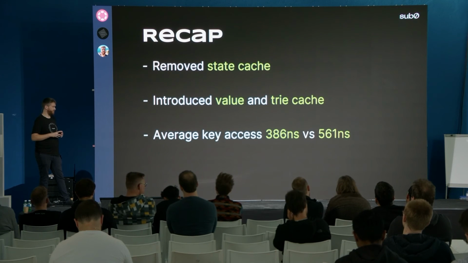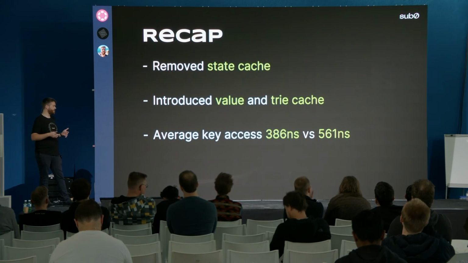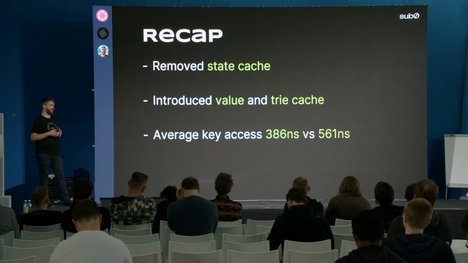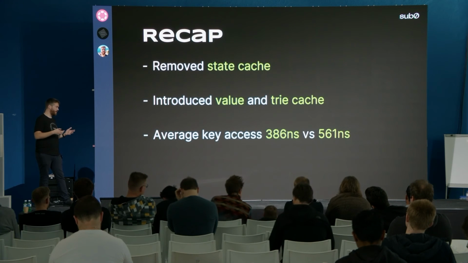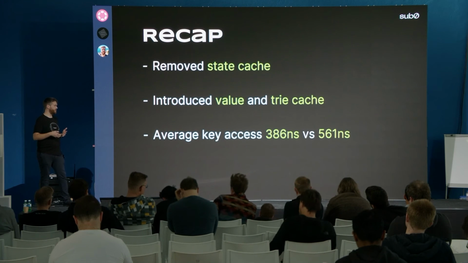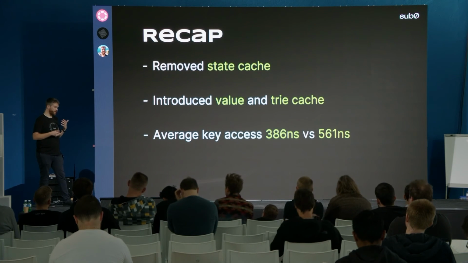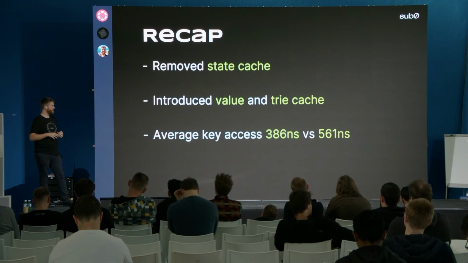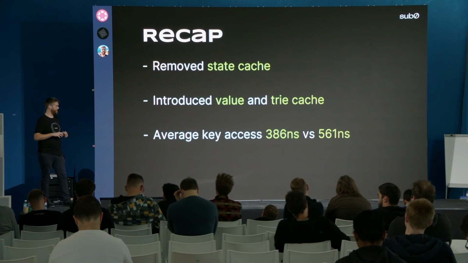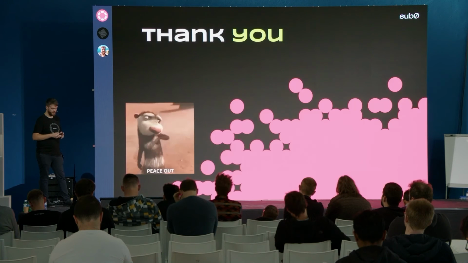But for what we currently have, it's fast enough. It should give Parachains the possibility to use their block space even better than before, because we can push more data into the Parachain blocks onto the relay chain validation.